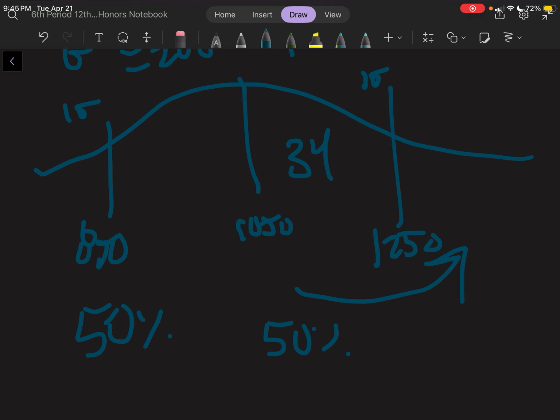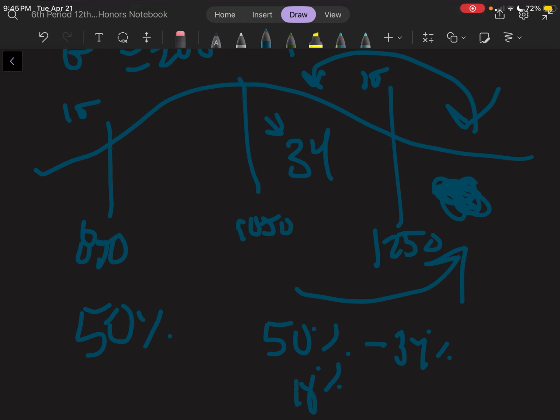So with this 50%, this is counting all of this space right here. But there's a 34 here. So what you do is you subtract 50% minus 34%, and you find the remaining data, which is over here. And this remaining data would be 16%.